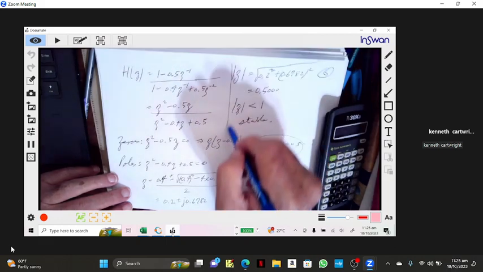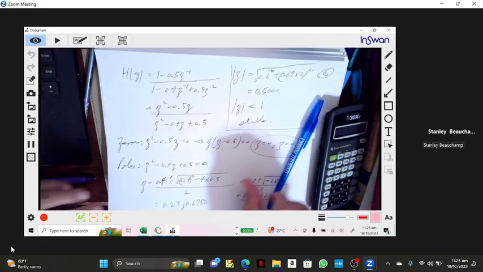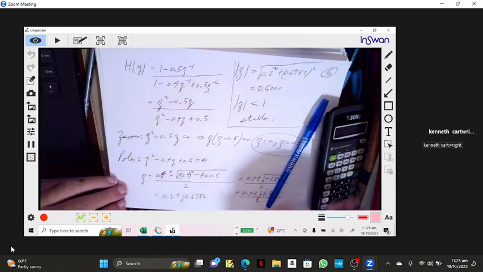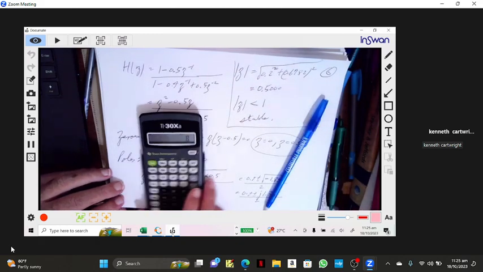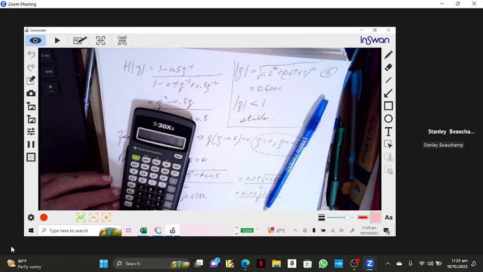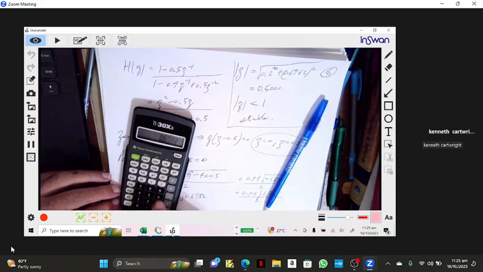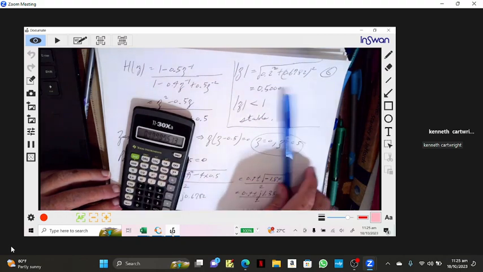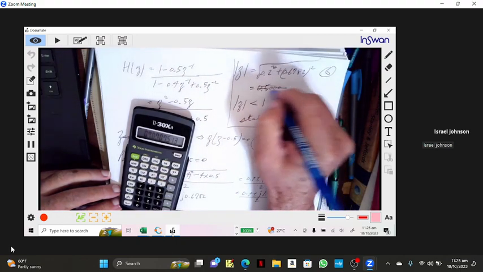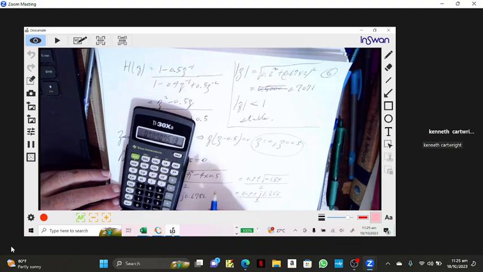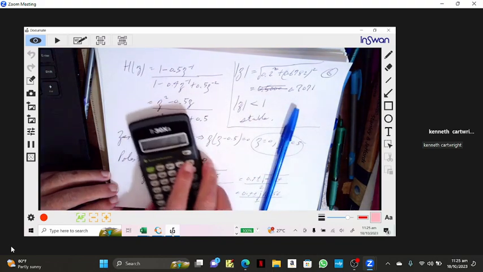Let me try again. No, of course not, the answer can't be 0.5, because it's less than 0.67. So 0.6782 squared plus 0.2 squared. Oh, I didn't take the square root. That's what happened. The square root of 0.5 is 0.71, less than 1. So stable.